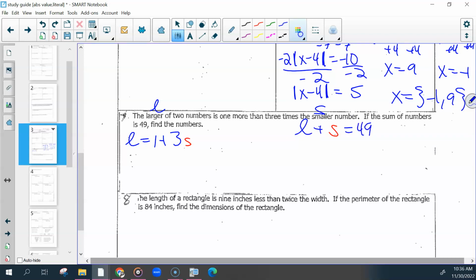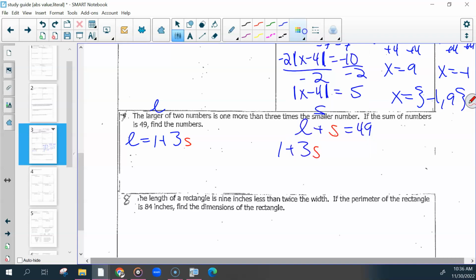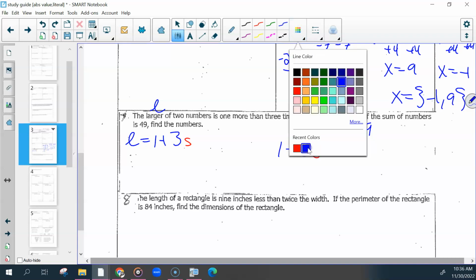So then we can take our L equation and put it into the other one. 1 plus 3S plus S equals 49.